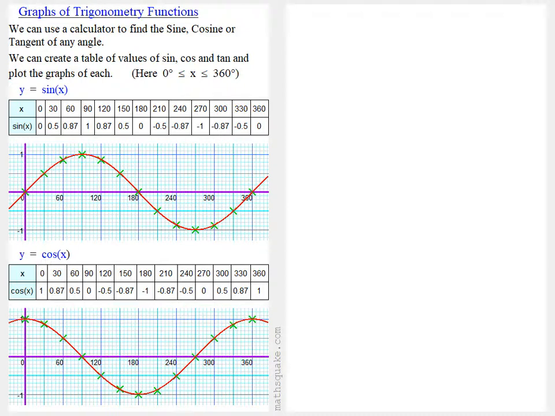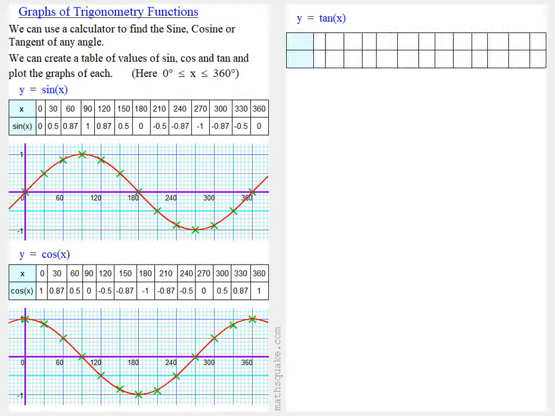Now, we can make up a table for y equals tan x. Draw a grid, again choose values 0 to 360 in steps of 30, and evaluate the tangent of x in each case. Now, they go 0, 0.58, 1.73, and the tangent of 90 is not defined.